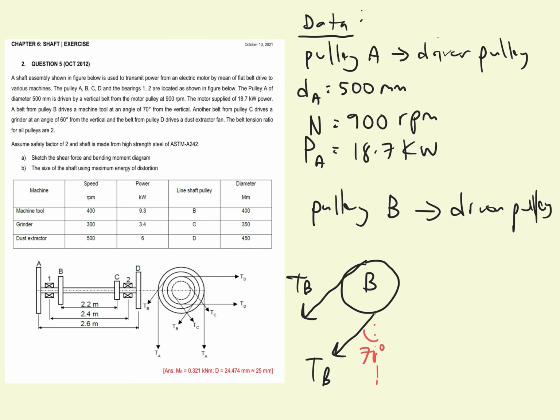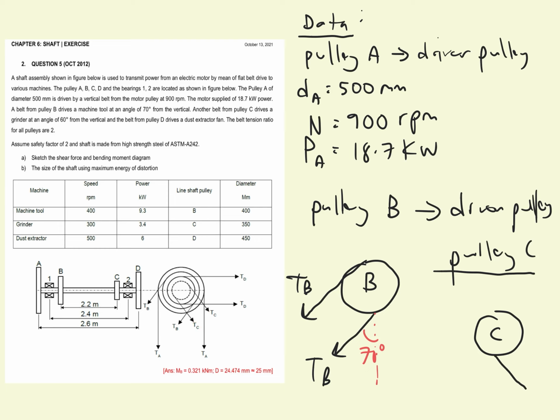So also for pulley C, let's say this is the pulley C, then we know that the direction of belt for pulley C, like this one.